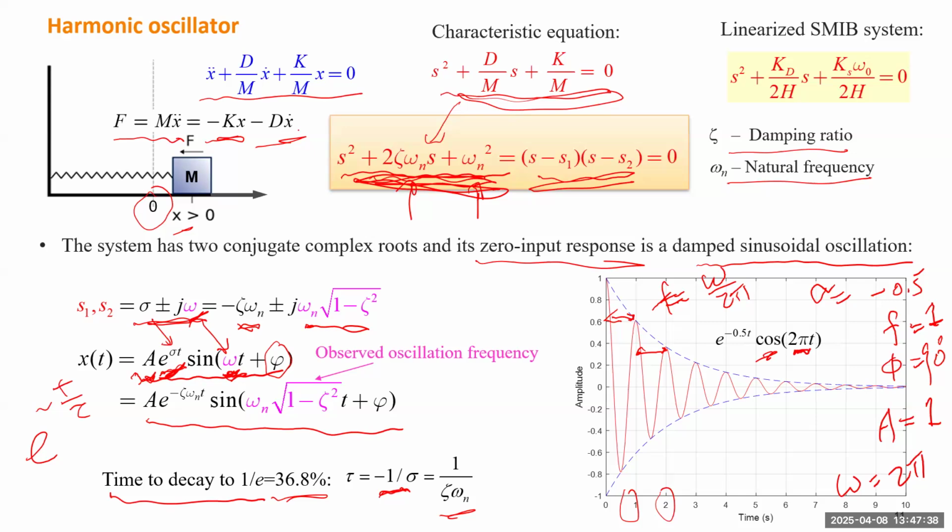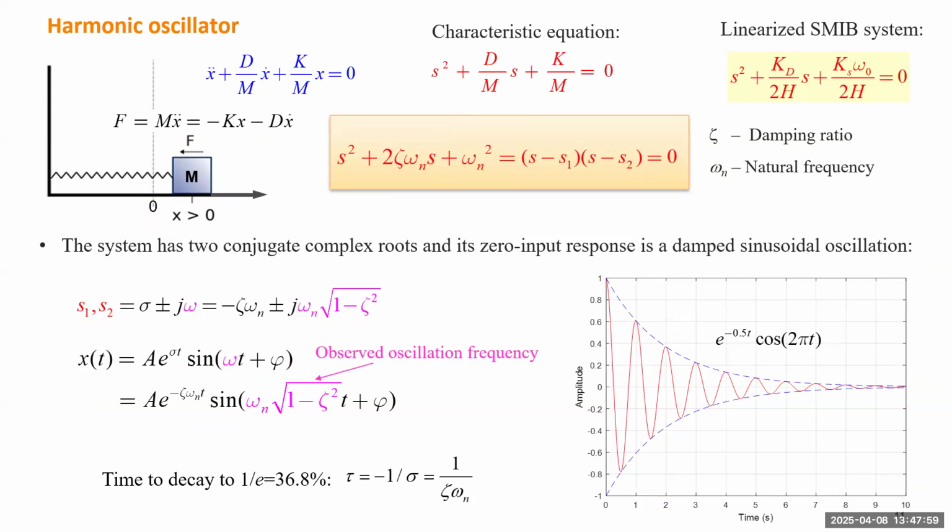So omega here is the observed frequency. Omega n is the frequency if the damping becomes 0. Typically they are very close, but they can have a very slight difference. For instance, if you have an equal amplitude oscillation, this will tell you the true period.